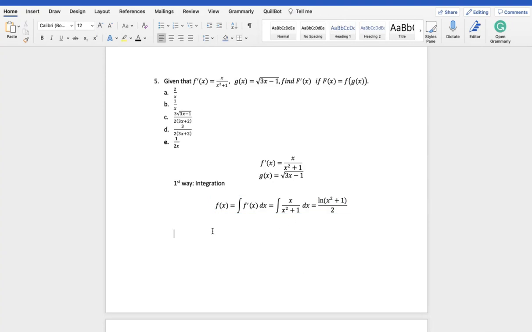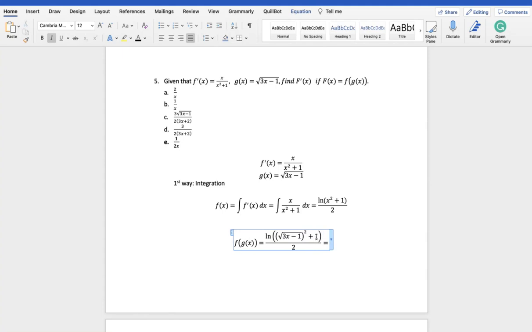And what we have now, f of g of x, is equal to, if we copy ln there, ln of the square root of 3x minus 1, all squared, plus 1, right? All divided by 2.